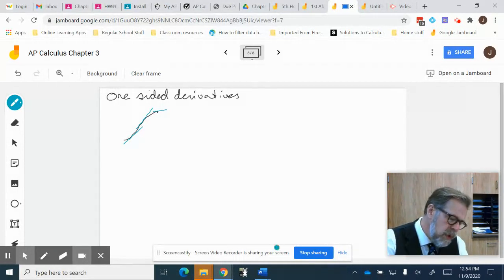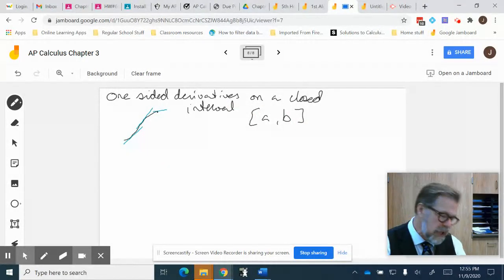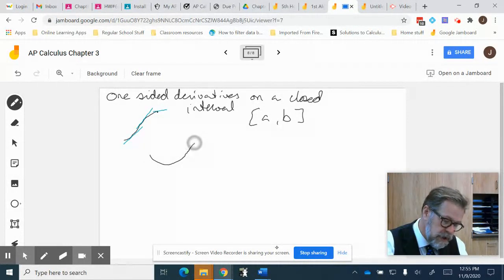So what we do is we say that you have a one-sided derivative on a closed interval. So let's say we're looking at a function on the interval AB, closed interval AB, and our function looks like that.